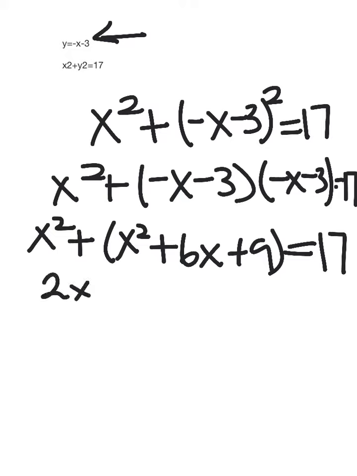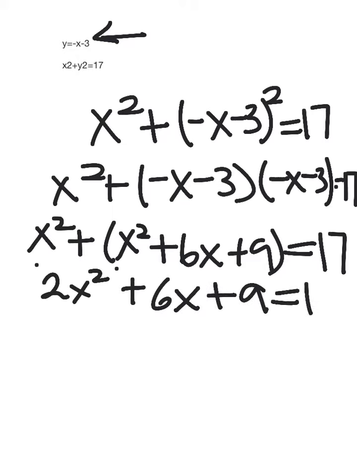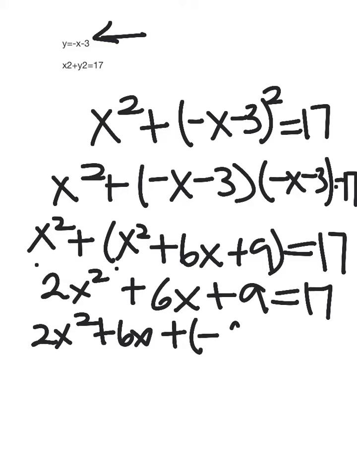Because we add these two values, it would be 2x squared plus 6x plus 9 equals 17. So 2x squared plus 6x plus 9 minus 17, which is negative 8, equals 0.